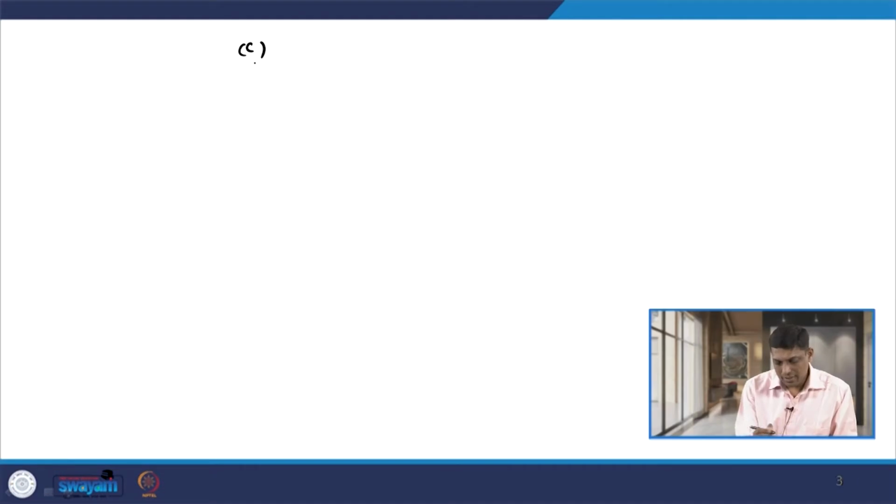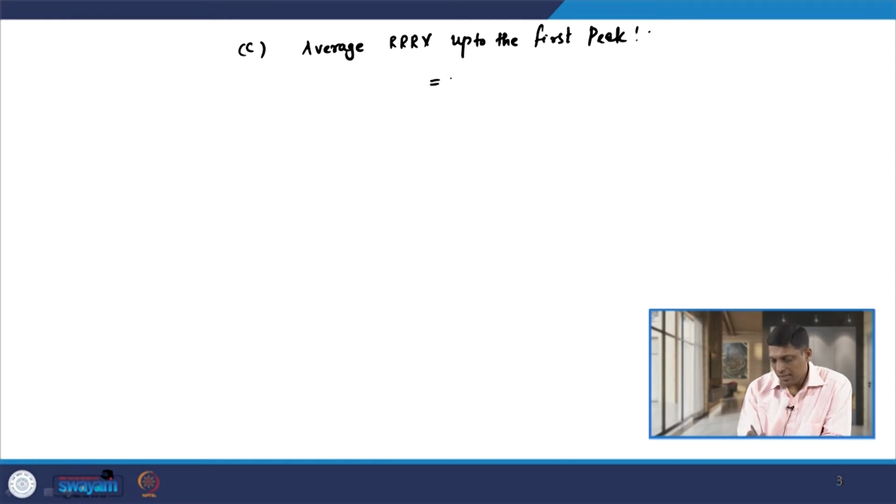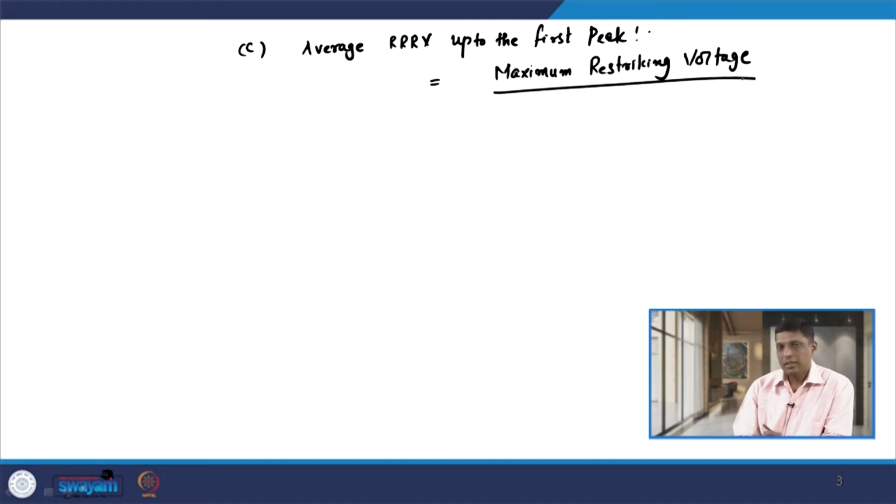So, let us see this third part, that is C, the average RRRV up to the first peak. The average RRRV up to the first peak is given by the maximum restriking voltage, which we have already calculated in part A, divided by the time to reach the first peak.